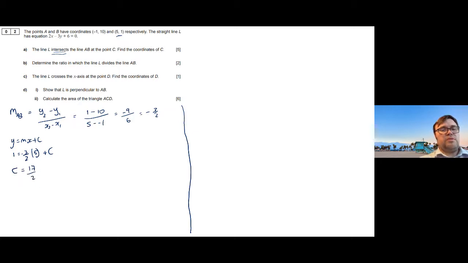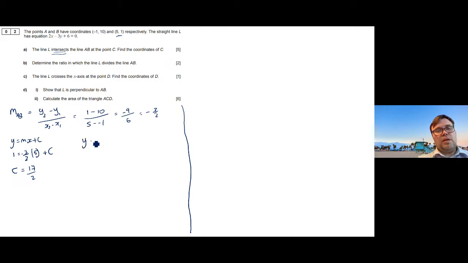I'm just checking the values. So then I've got the constant, but if I left it like that, I wouldn't get the full marks, because it was asking for the equation of a line and I haven't put it into the actual equation.